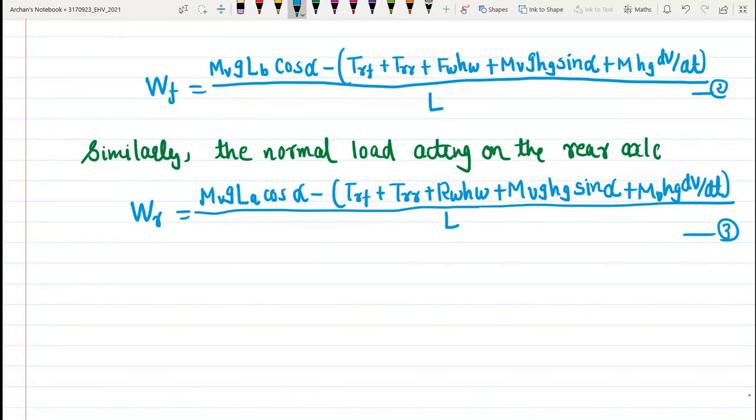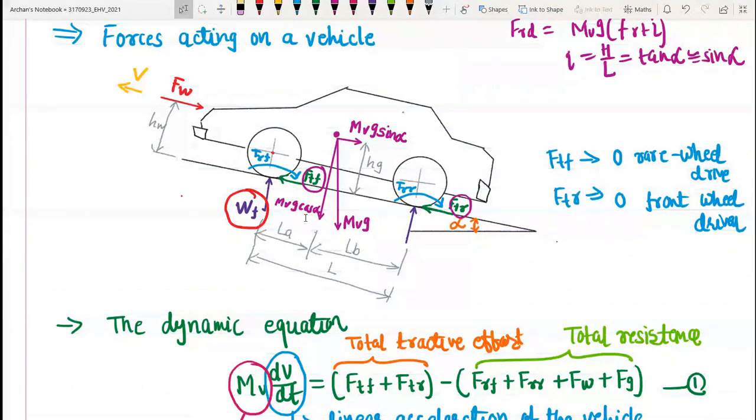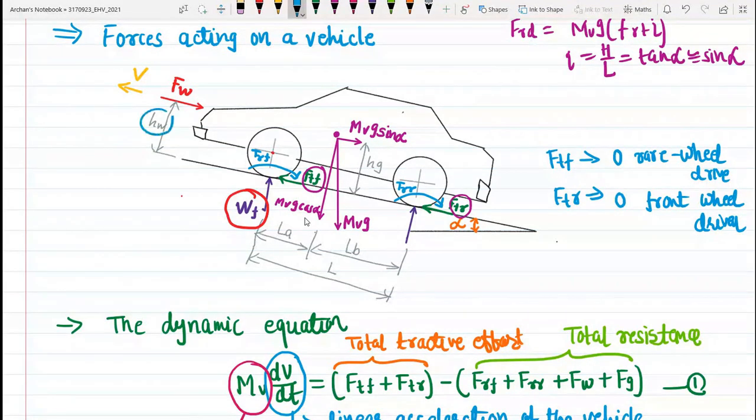Now consider we are running a passenger car. For passenger cars, the height of the center of application of aerodynamic resistance, Hw, let us say over here, and this is the Hg. These are my two lengths La, Lb, and this is our total length L between the centers of the two axles, front axle and rear axle, right?